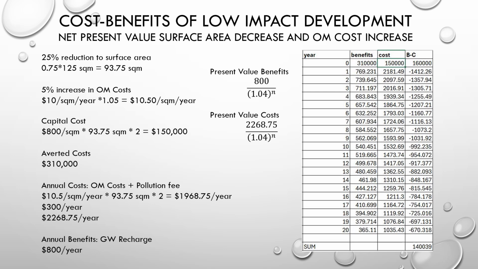So here we have the adjustment of 25% reduction to the surface area and a 5% increase to the operation and maintenance costs. The surface area comes down to 93.75 square meters, and this reduction in surface area results in the reduction of capital costs from $200,000 originally to $150,000, and the annual cost of operation and maintenance from $2,800 to $2,268.75.